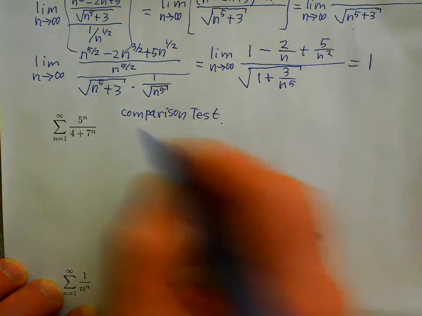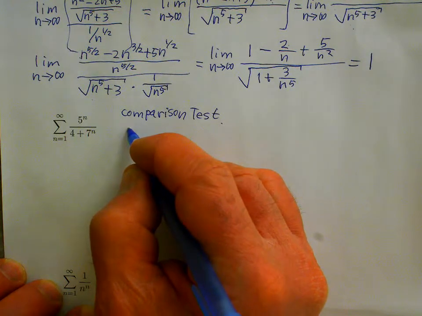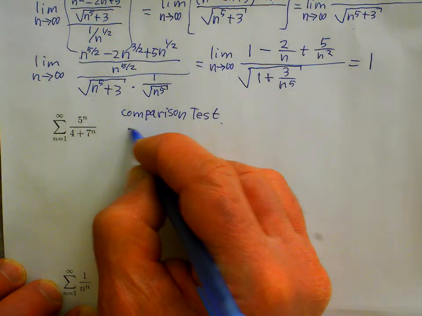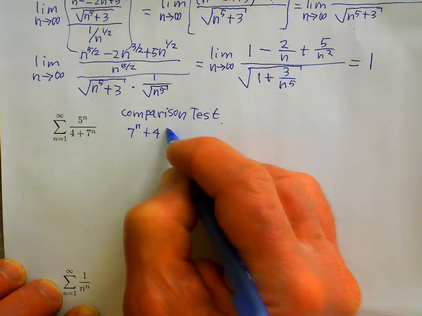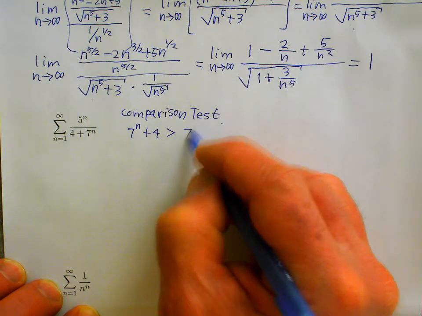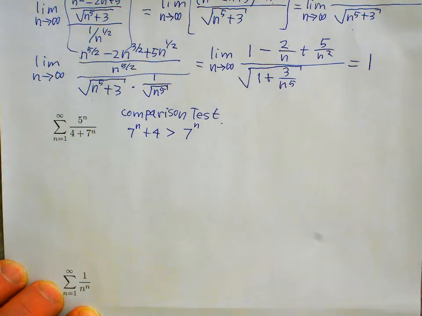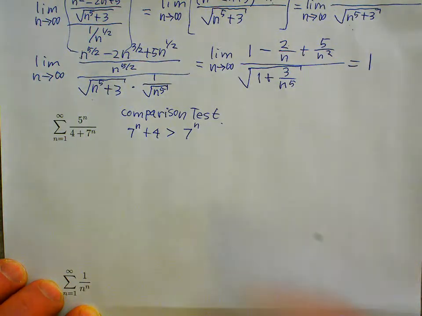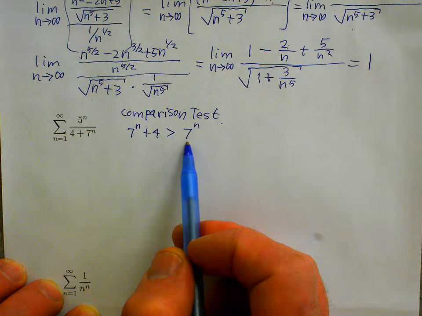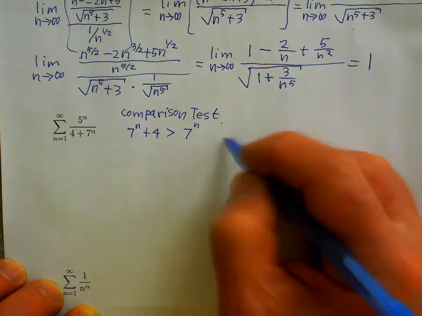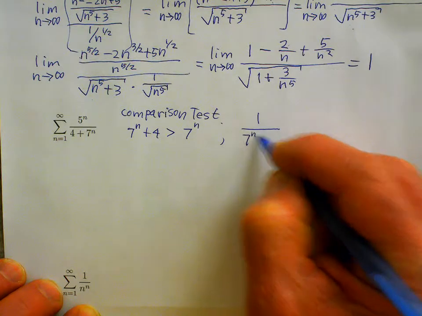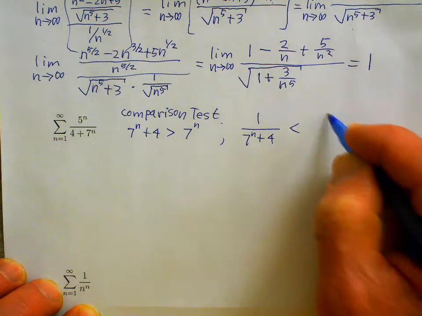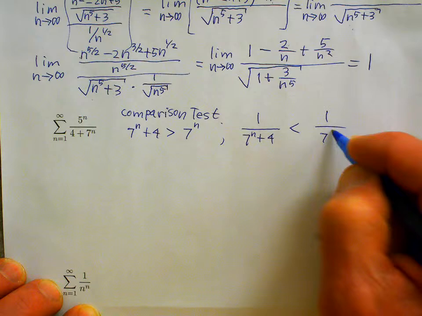Okay, so let's start this way. You'll agree that 7 to the nth plus 4 is greater than 7 to the nth for n greater than or equal to 1. So that's pretty obvious. If we reciprocate, then 1 over 7 to the nth plus 4 is less than 1 over 7 to the nth.